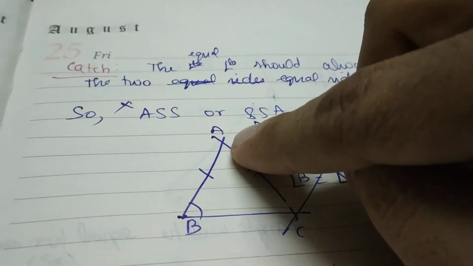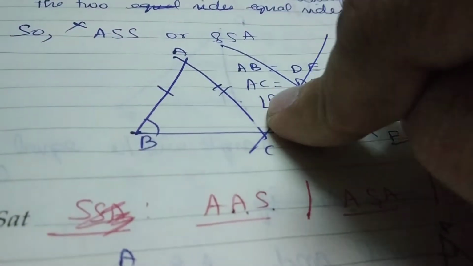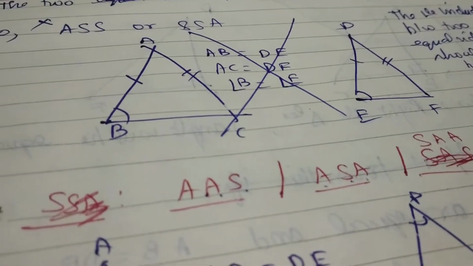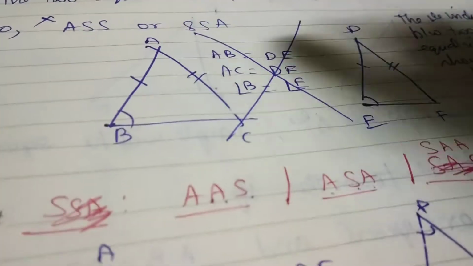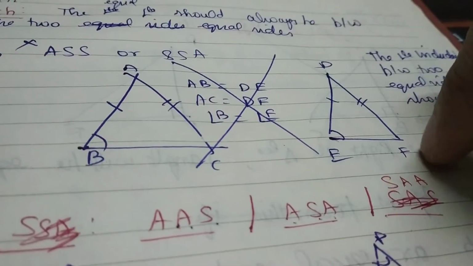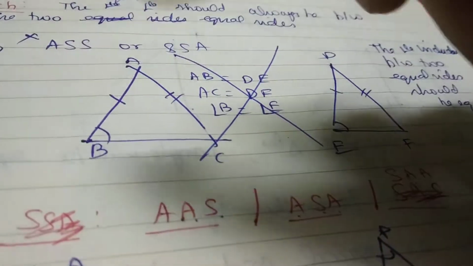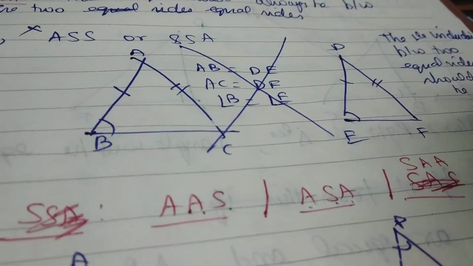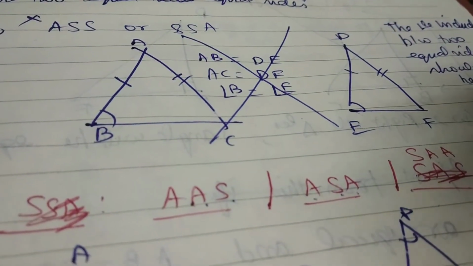Here you see the diagram. ABC is a triangle and DEF is another triangle. If AB is equal to DE and AC is equal to DF, suppose that I mistakenly say angle B and angle E are equal, then a mathematical genius will call me stupid. Correct?